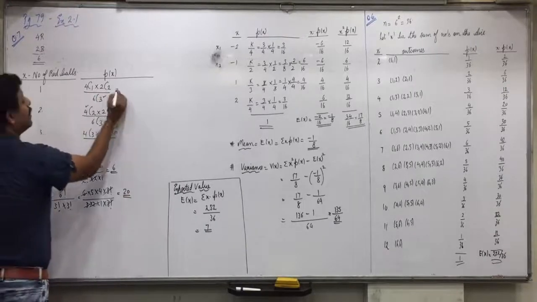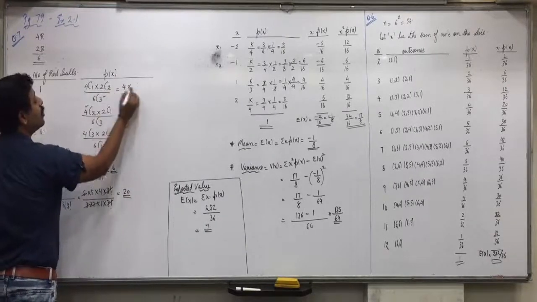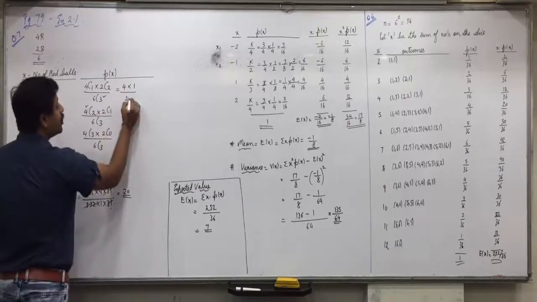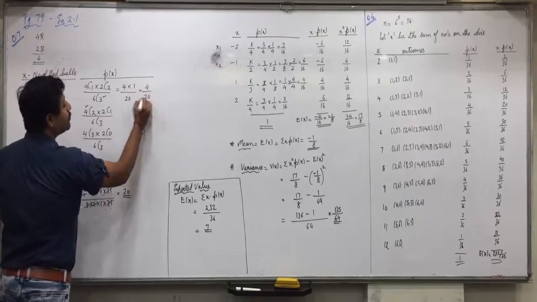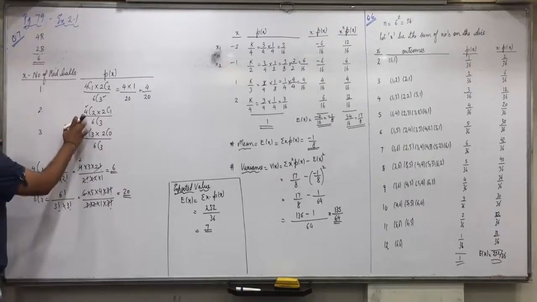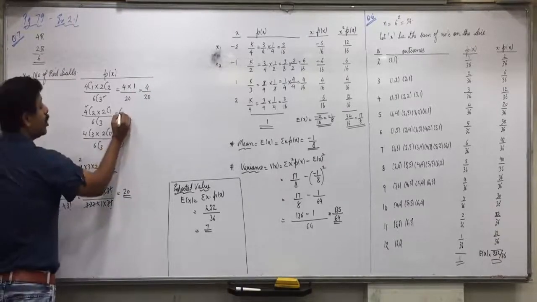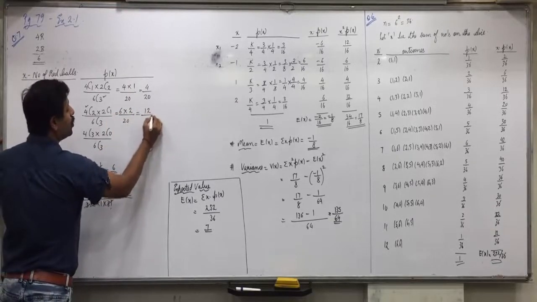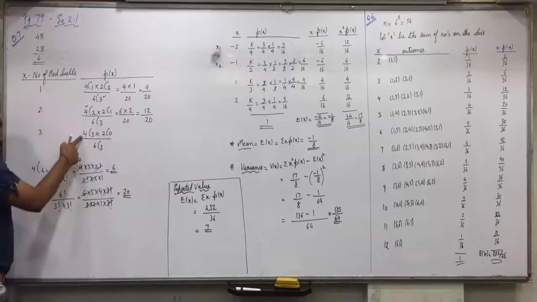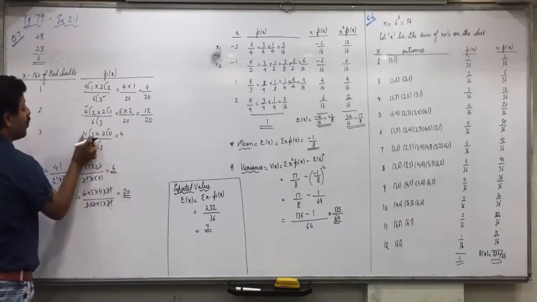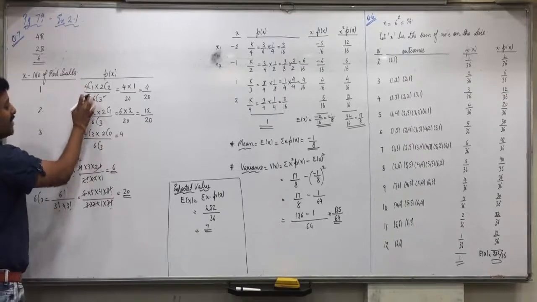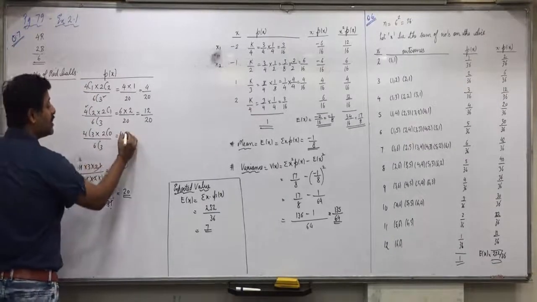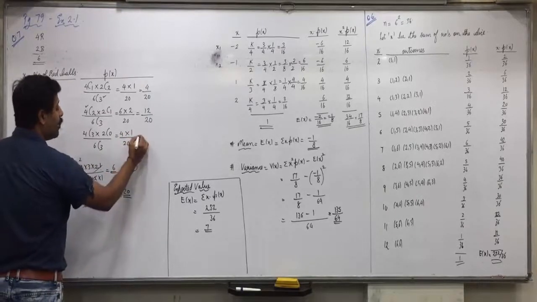What is 4C1? 4. 2C2? 1. 6C3 is 20. So 4 by 20. Then 4C2? 6. 2C1? 2. 6C3? 6 into 2, 12 by 20. 4C3 will also be 4, since 4 minus 3 is 1. 4C1 and 4C3 values will always be the same. 2C0, and C0 is always 1, upon 6C3, 20.